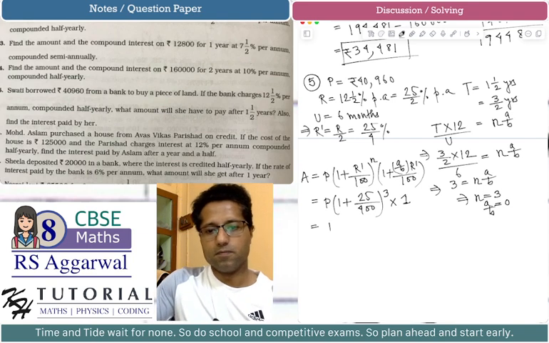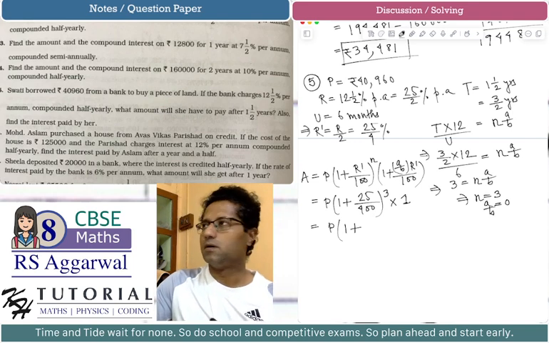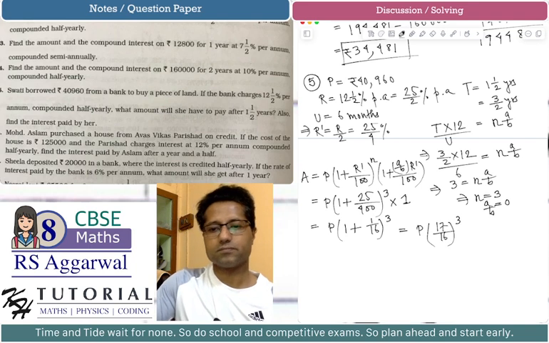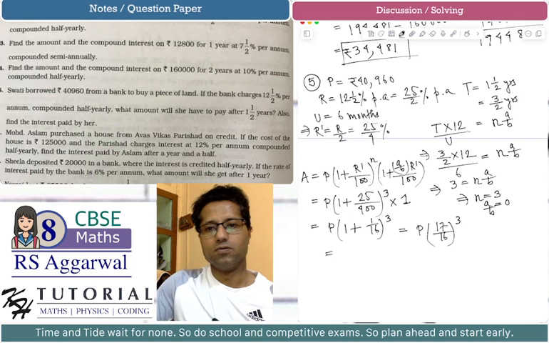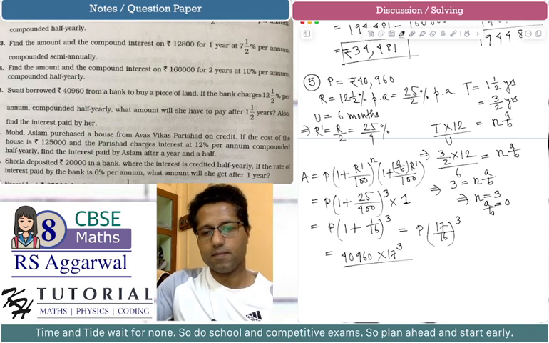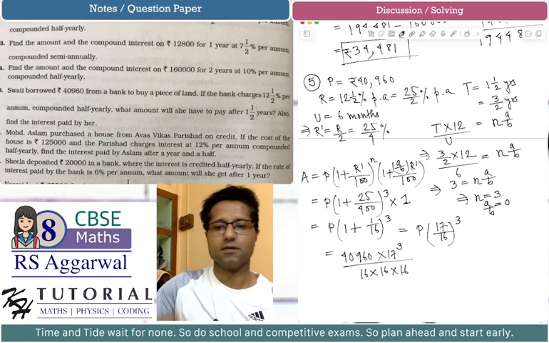This is equal to p multiplied by 1 plus 25 by 400, which is 1 by 16, cubed. This is equal to p multiplied by 17 by 16 cubed. This is equal to 40960 multiplied by 17 cubed divided by 16 multiplied by 16 multiplied by 16.